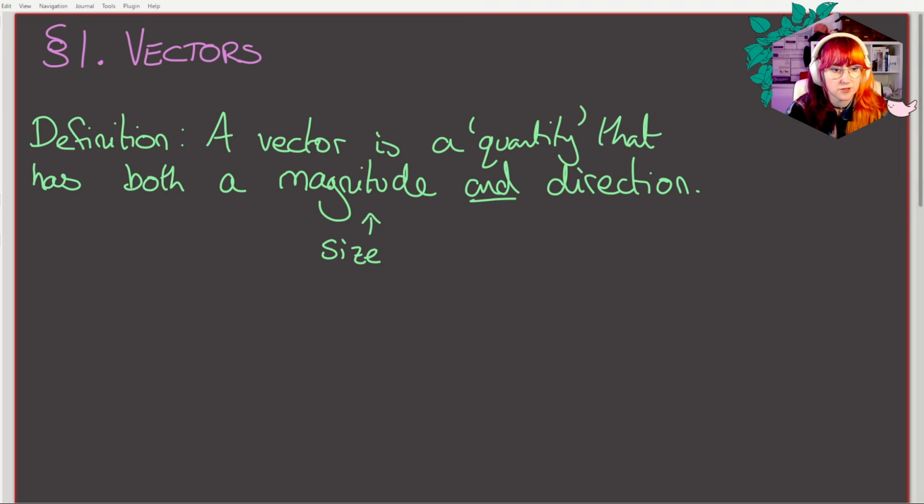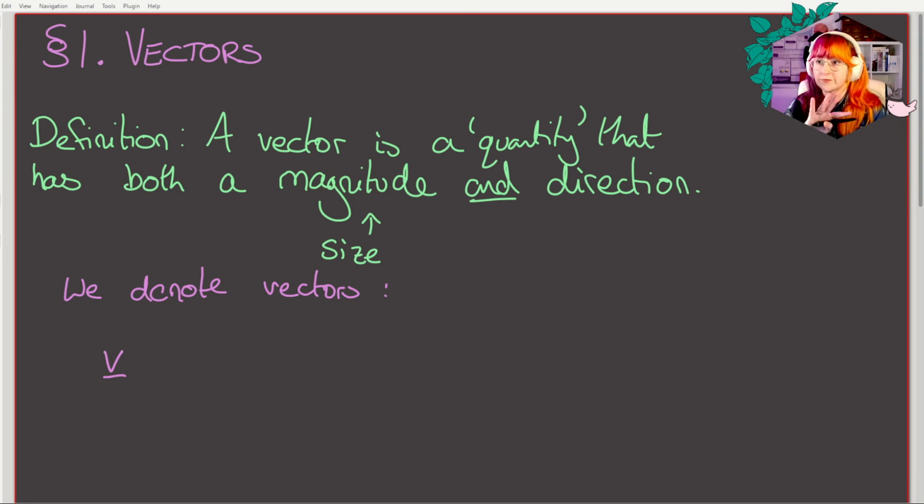And we normally denote them, say, with an underline. So if we're using mathematical notation, the variables might be underlined, they might be bold fonted, they might have little arrows on top of them, but that's the mathematical terminology.